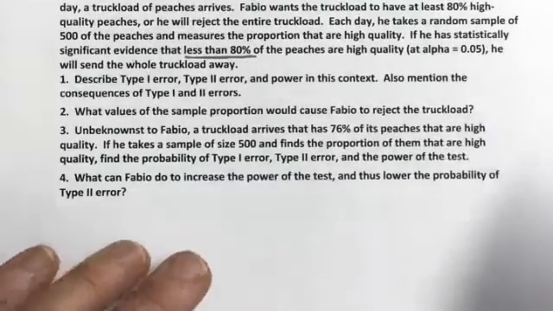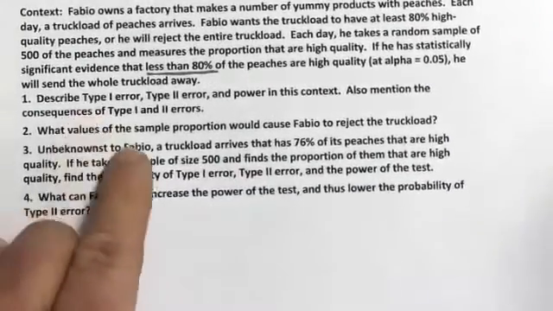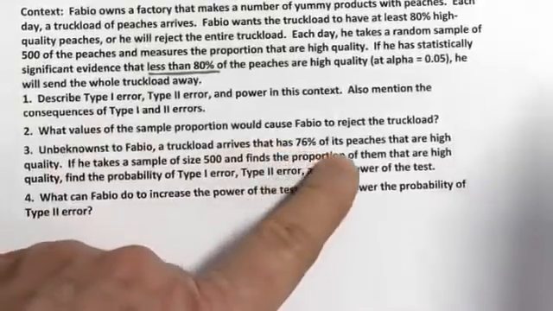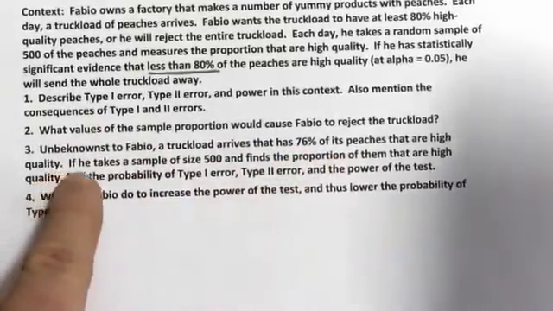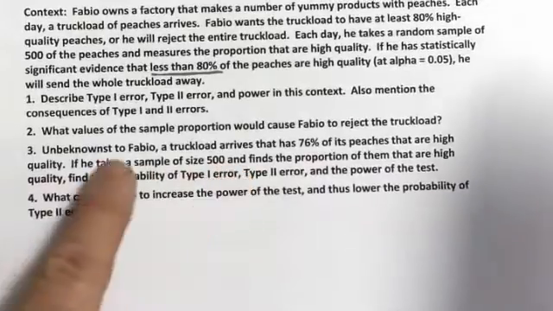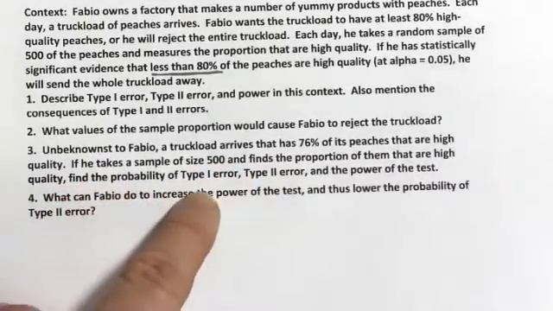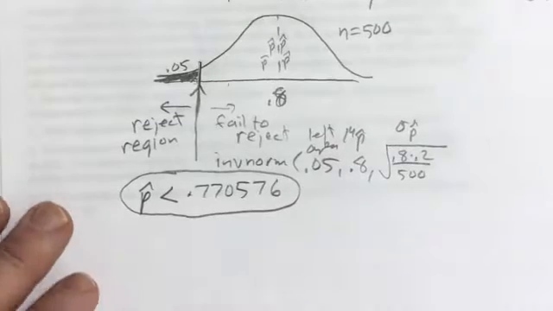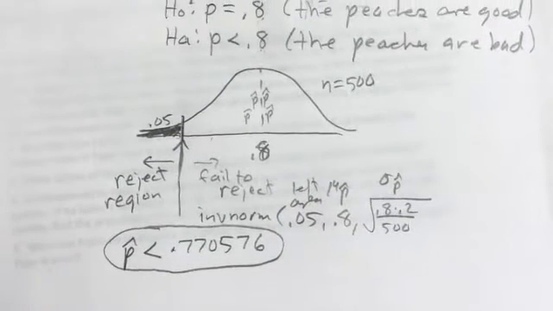And then it says, unbeknownst to Fabio, a truckload arrives that has 76% of its peaches high quality. If he takes a random sample of size 500 and finds the proportion of them that are high quality, find the probability of type 1 error, type 2 error, and the power of the test. So what Fabio does every day, he doesn't know the population value when a truckload comes in.